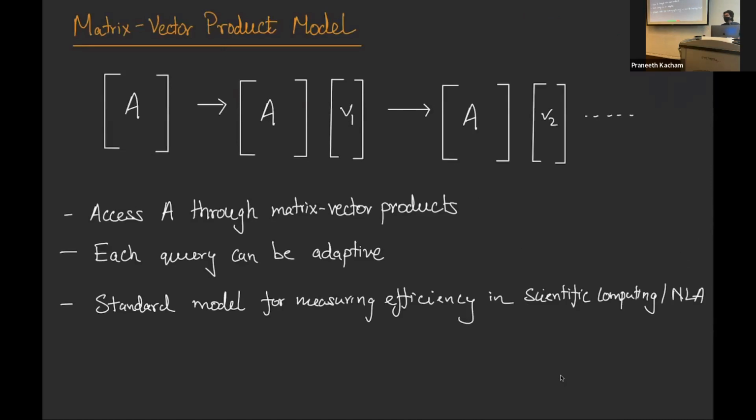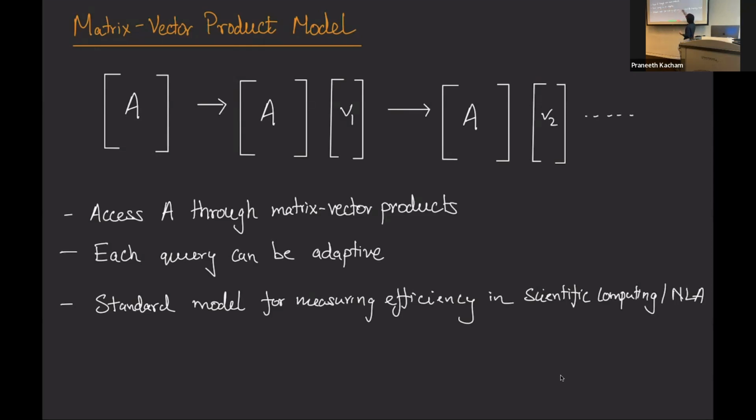Before I tell you how to get efficient algorithms, let me mention the model that we'll be working in. This model is a nice abstraction for studying linear algebra problems, and it's called the matrix vector product model. You start off with a matrix A, and the way you access this matrix is via matrix vector products. You hook up some vector v1, and you get to see A times v1.